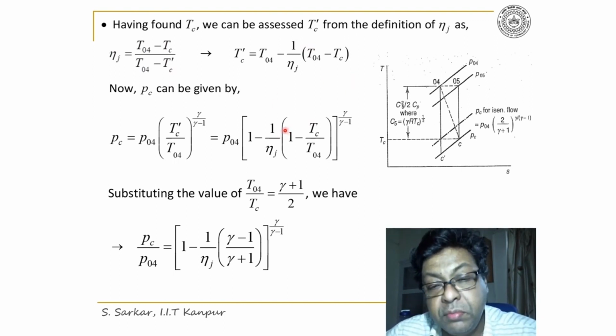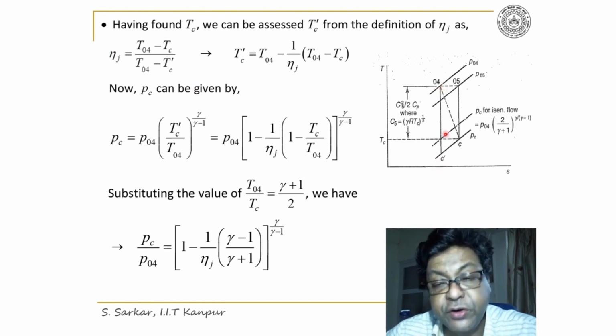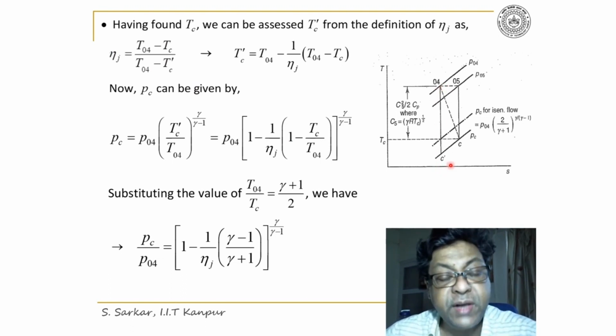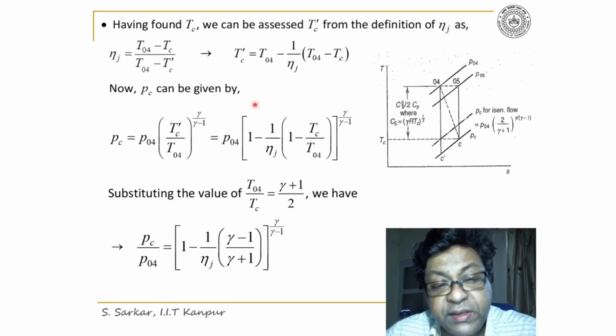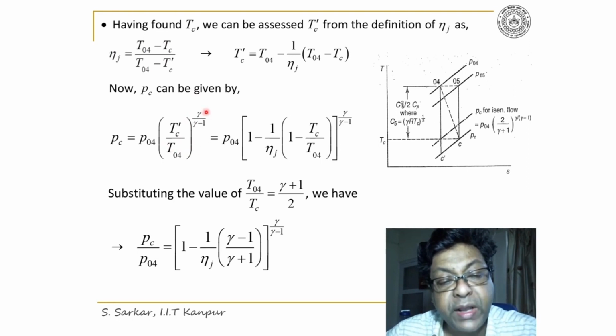Now, look in the TS diagram, 04 and C is the isentropic expansion. So, Pc can be related as Pc is equal to P04 into Tc dash by T04 to the power gamma by gamma minus 1.